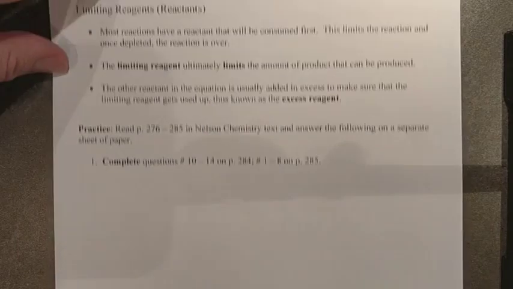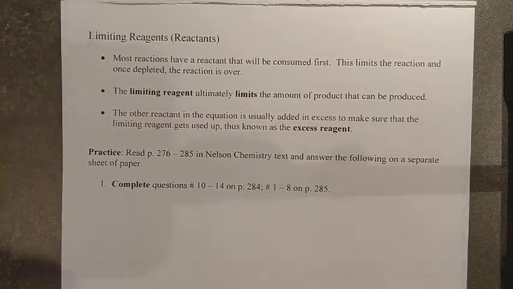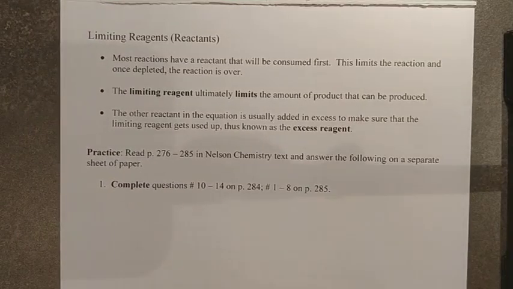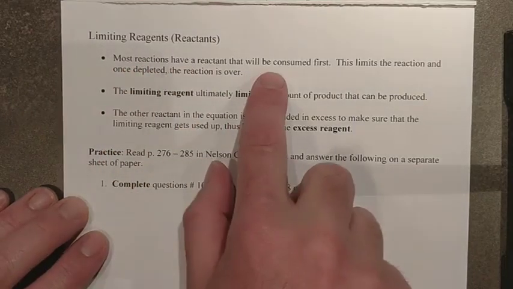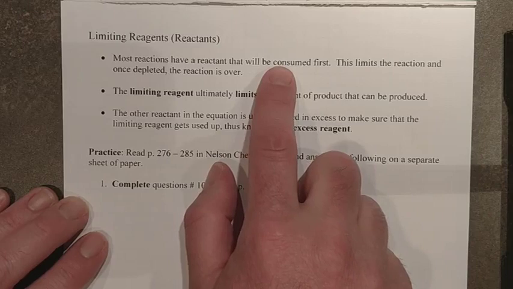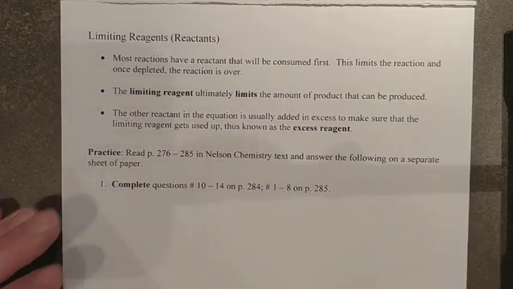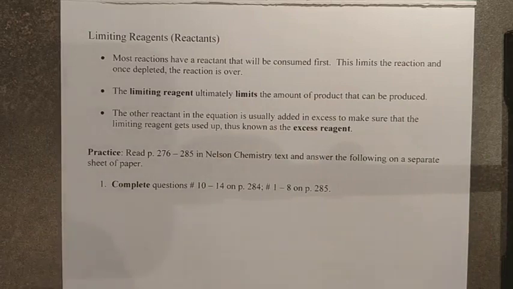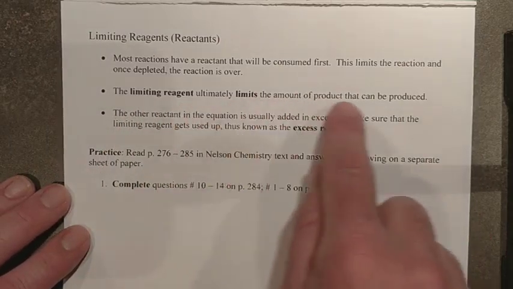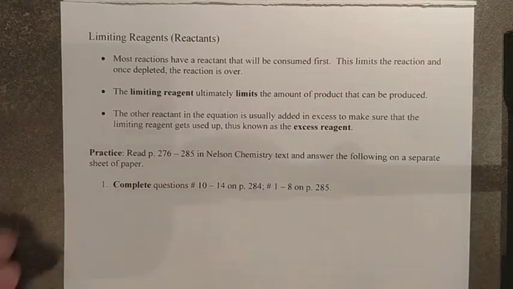One last little thing here. I'm just going to talk about it briefly. Remember that we said all of these reactions, including these net ionics, are quantitative reactions. And so most reactions will have something that is consumed first. What we say is this limits the reaction. Not only that, it limits the amount of product that is going to be produced. So the limiting reagent limits the amount of stuff that you can get out of the reaction.